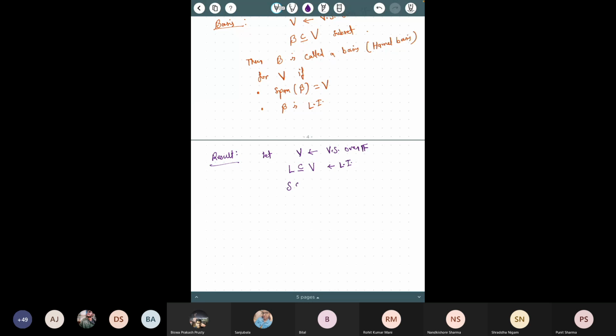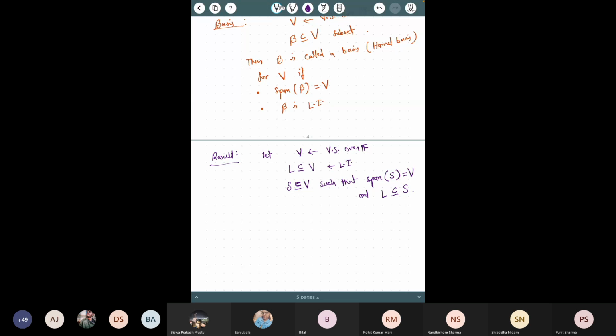And suppose we have another subset S of V such that span of S is equal to V. So that means S is a spanning set containing this set L. So L is a subset of S. Okay, this is given to us. So we have a vector space, we have a linearly independent set, and then we have a set S that spans V and also contains the set L.